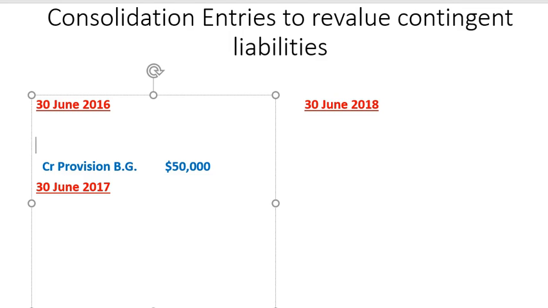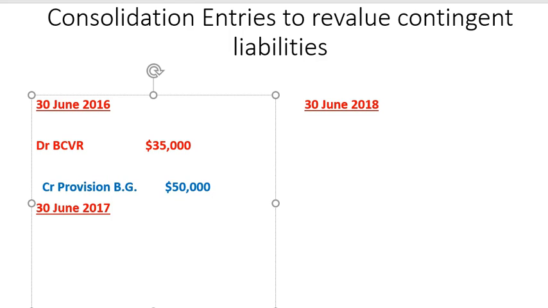And we know that the BCVR was $35,000. And because this is a liability, we need to reduce equity. And that's why we're debiting BCVR. And then we also need to debit a deferred tax asset. Now, the reason it's a deferred tax asset is because the tax base of the liability is less than the carrying value of the liability.